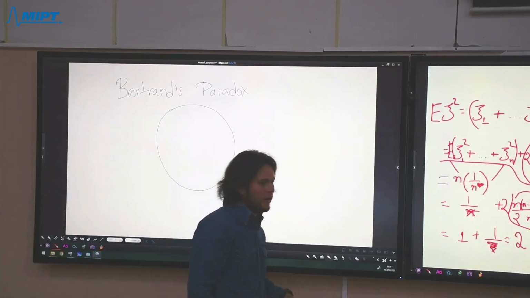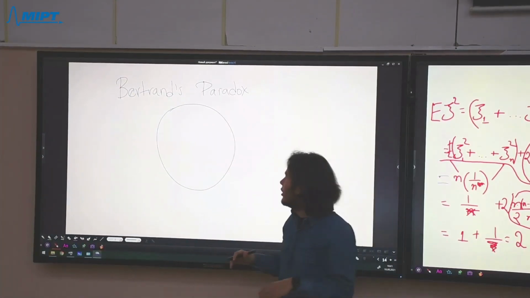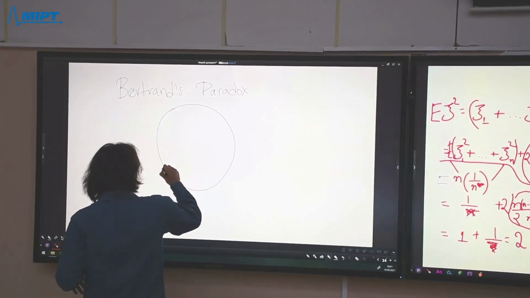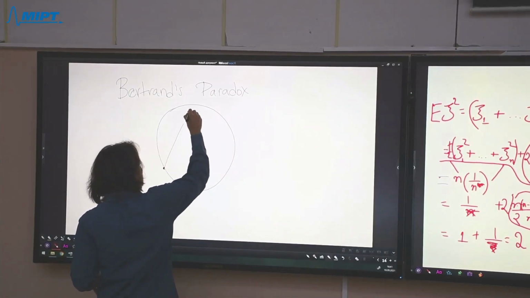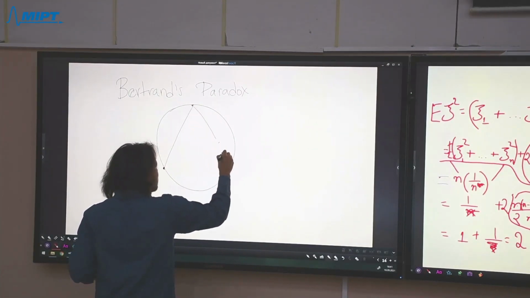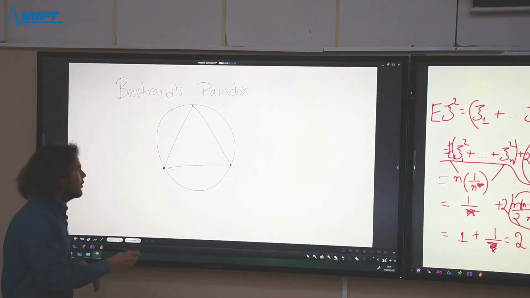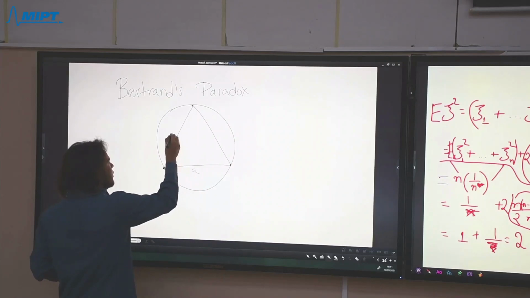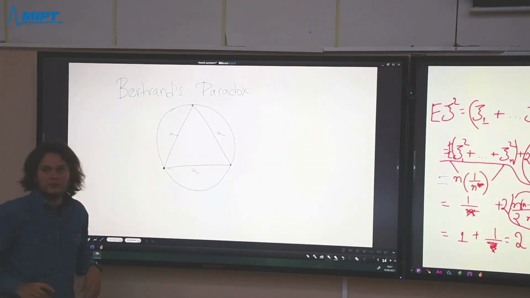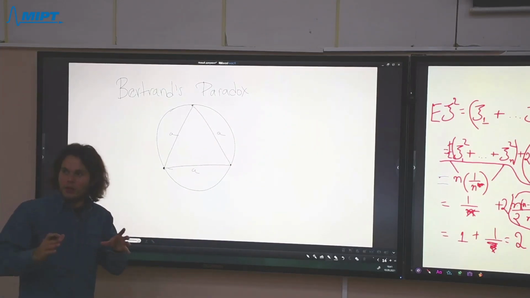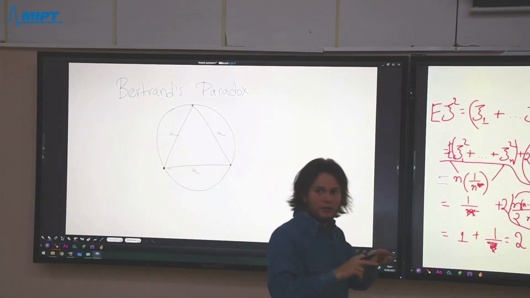And in this circle, we have a unique triangle where all the sides are equal. So we have a circle and we have a triangle in it.